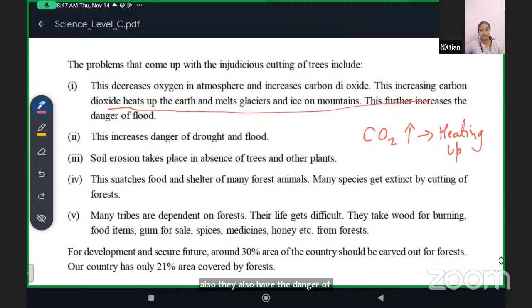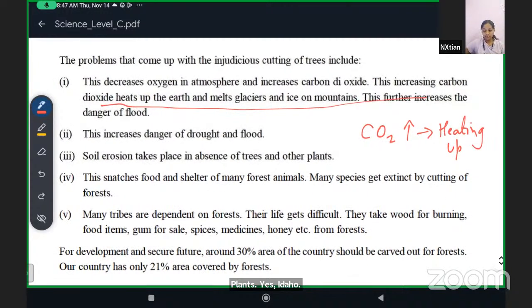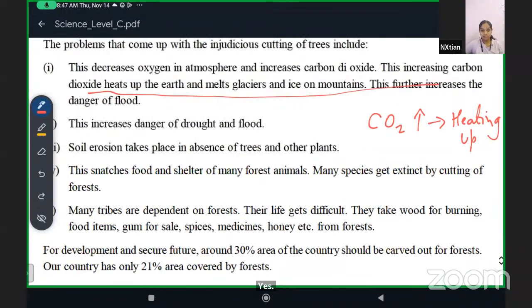Yes, Abraham? Ma'am, I have a question. Yes. Ma'am, how would the mountain peaks melt, ma'am? How do the mountain peaks melt? Yeah, ma'am, so when you go up in the air, it's actually way cooler than on the ground.